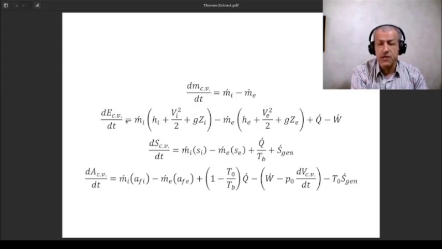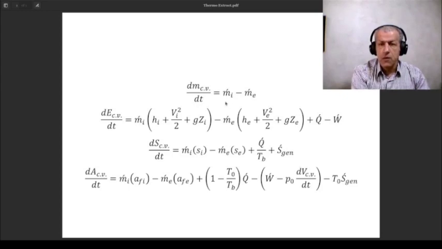So we have three similar terms in these two equations. And instead of the white here, there are two other terms that can affect energy, namely heat transfer and work.